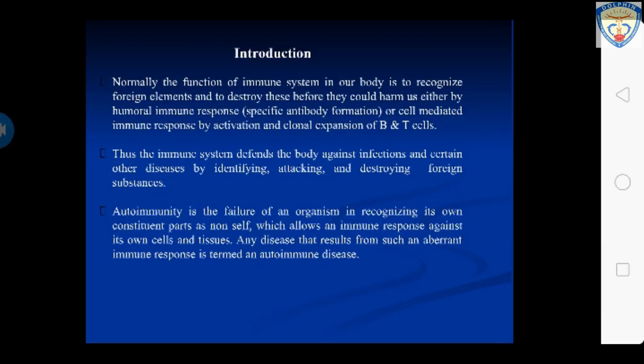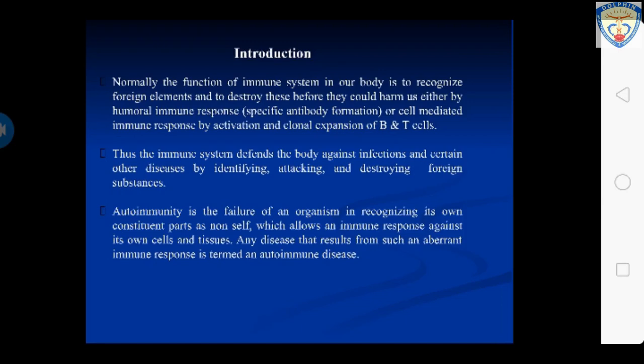Now, we all know that the fundamental function of our immune system is to recognize between the self and the non-self. But sometimes our immune system starts recognizing some of our self proteins and self antigens also as non-self due to various reasons that leads to the generation of autoimmunity.